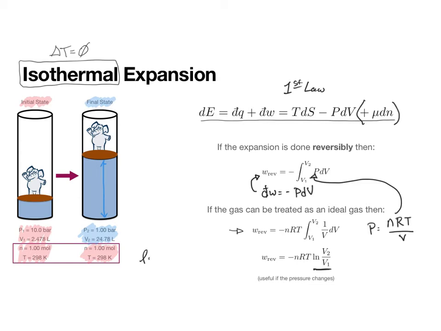Because the natural log of V2 minus the natural log of V1 is equal to the natural log of V2 over V1. These are the log rules that we always have to relearn. And so we now have a very useful equation for when we have changing pressures, like we have here. And so since we have changing pressures, we now have an expression for work that doesn't involve pressure.